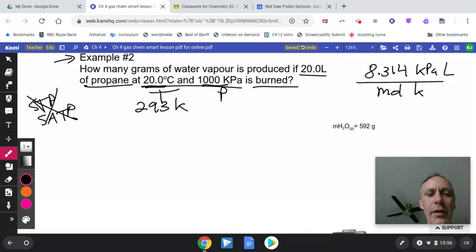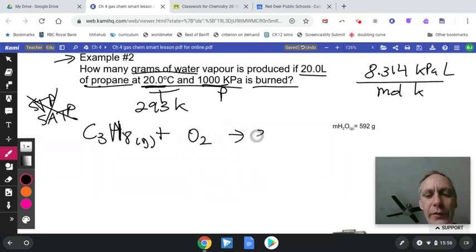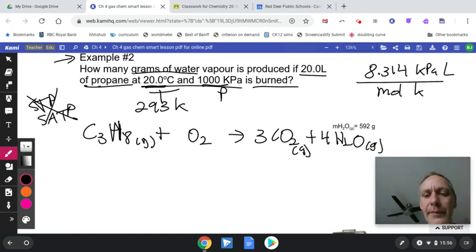Okay, so we're given propane and we're looking for water. So it's a chemical reaction. It's combustion of propane. We did this one yesterday. C3H8 burns, reacts with oxygen to produce 3 CO2s, 4 H2Os, and those are both gases.